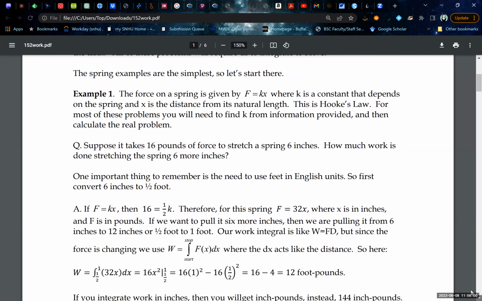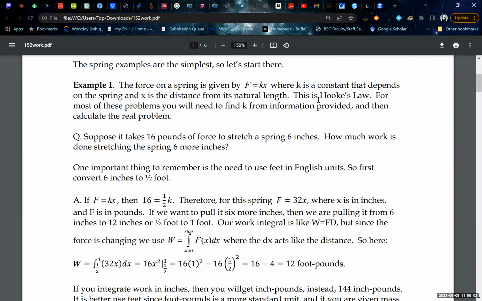Spring problems are usually given in terms of Hooke's law, which is that the force is equal to kx, where k is a constant that depends on the spring, and x is the distance from its natural length. This is important because sometimes these problems will give you the total length of the spring, and you have to make adjustments based on how that equilibrium value is expressed.